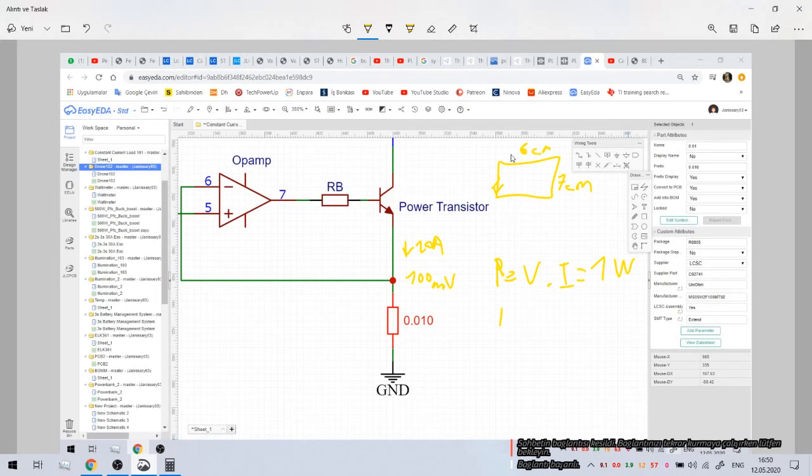This is the front view, this is the top view, and this is 4.5 centimeter from the front side. I will use this heatsink.